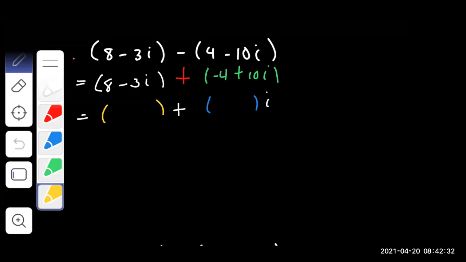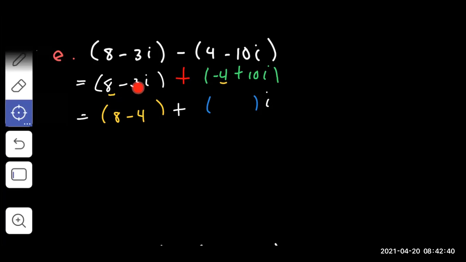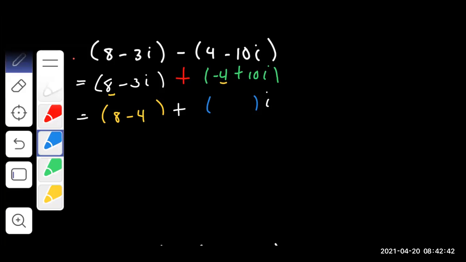We got 8 and negative 4. And the imaginary part of the first complex number is negative 3, and the second is plus 10. As simple as this.